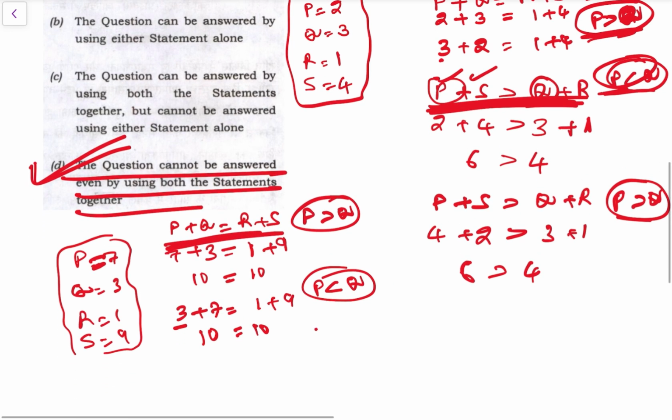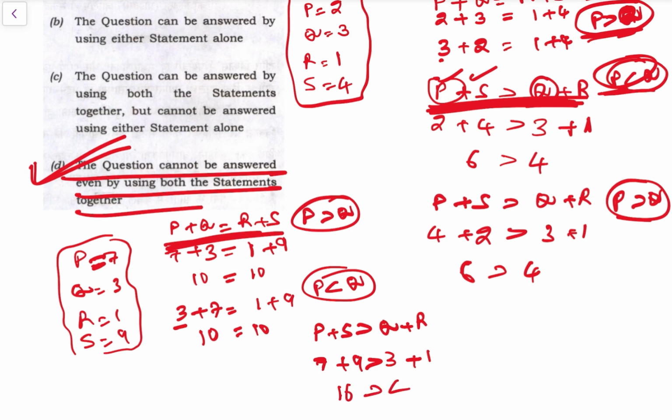Then the same with P plus S greater than Q plus R. So P is 7 plus S is 9, greater than Q is 3 plus R is 1. So that is 16 greater than 4. This condition is satisfied. And do the reverse: take 9 here, 9 plus 7 greater than Q is 3 plus 1.